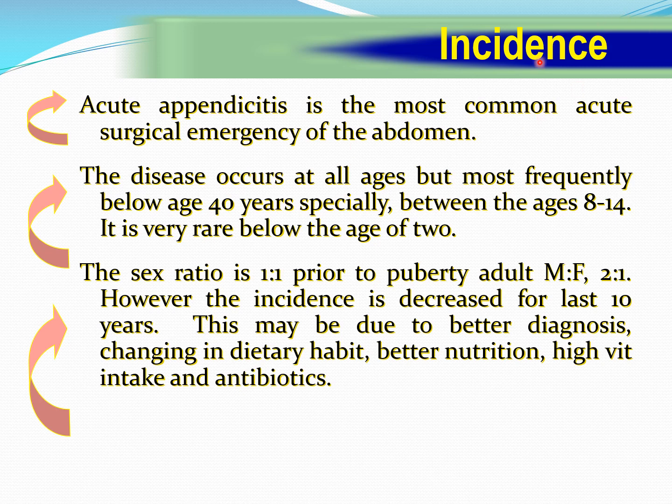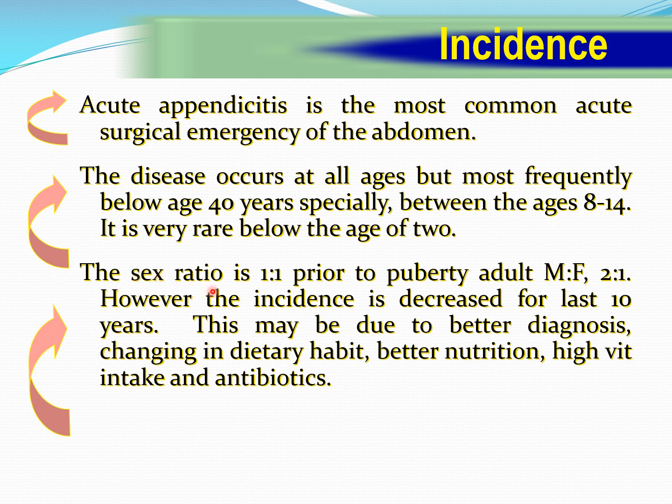So which are the indications of appendicectomy? Acute appendicitis is the most common acute surgical emergency of the abdomen. The disease occurs at all ages but most frequently below the age of 40 years, especially between the ages of 8 to 14. It is very rare below the age of 2.